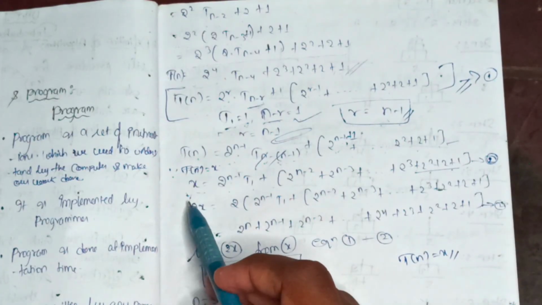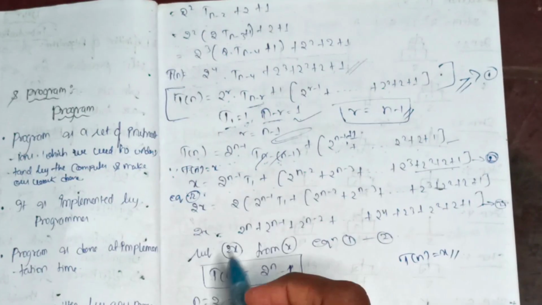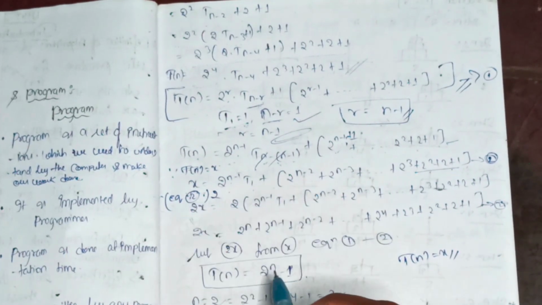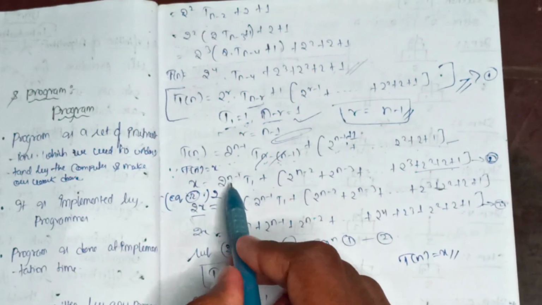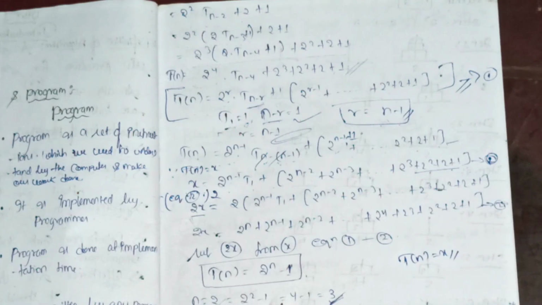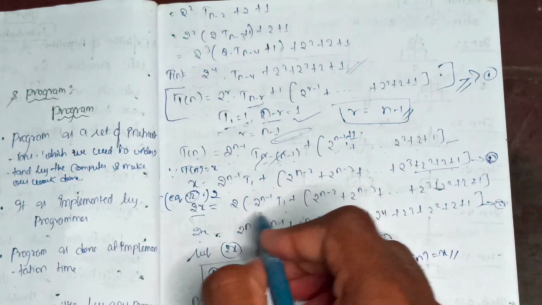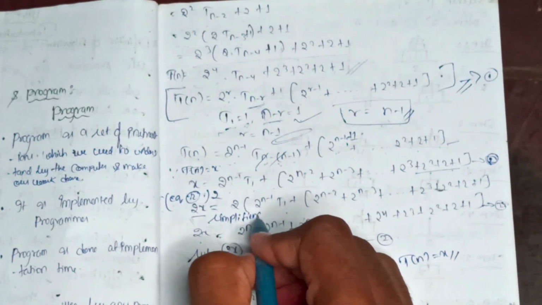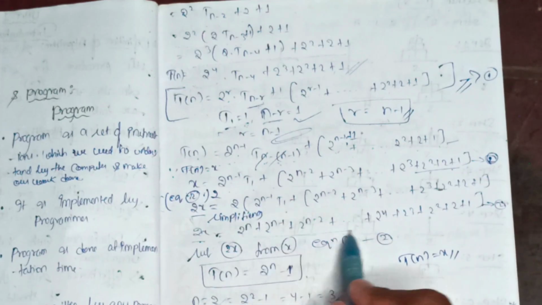Now multiplying the above equation 2 with 2, we get 2x equals all the previous values mentioned above, into 2. As we simplify this, 2x equals all these values.